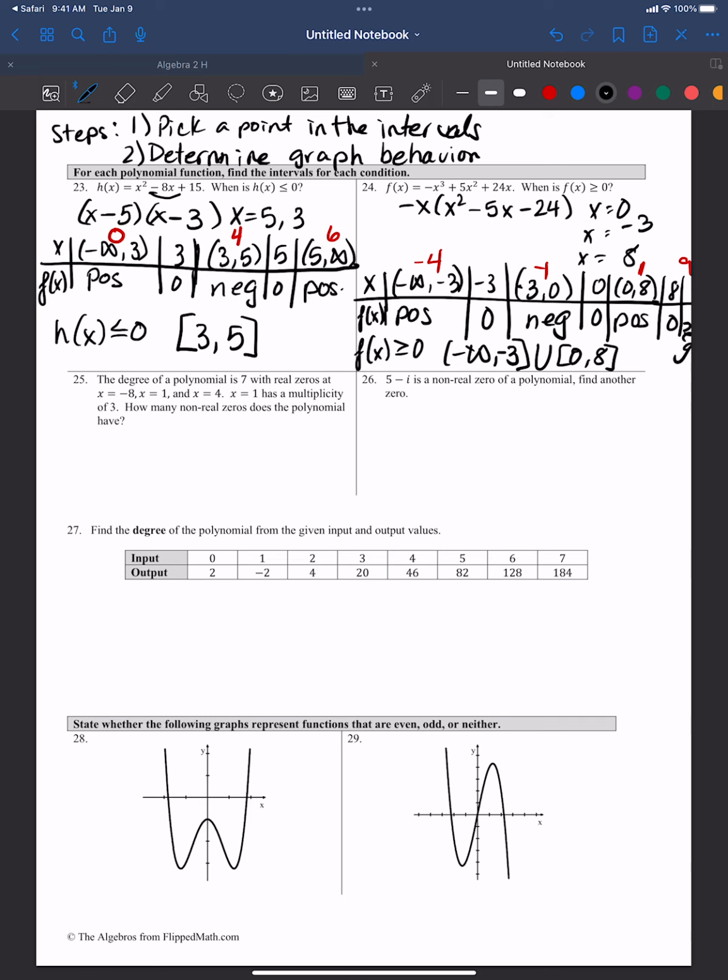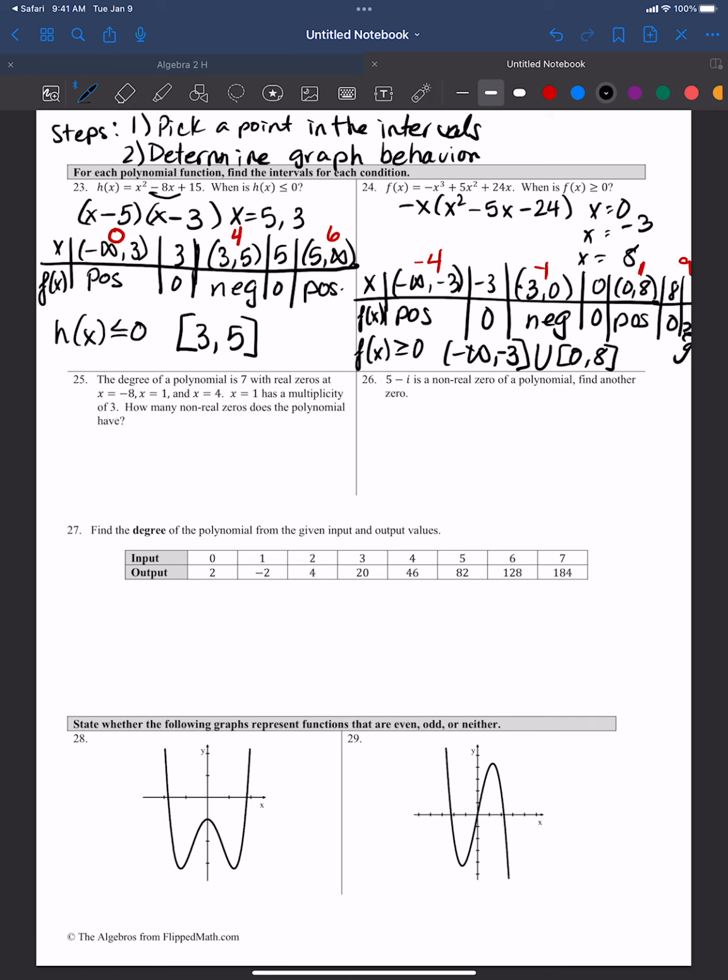Now 25, the degree of a polynomial is 7 with real zeros at x equals negative 8, x equals 1, and x equals 4, and x equals negative 1 has a multiplicity of 3. How many non-real zeros does the polynomial have?